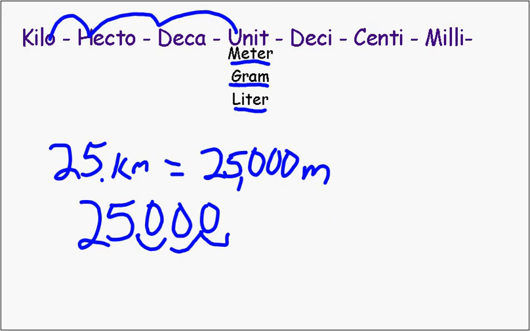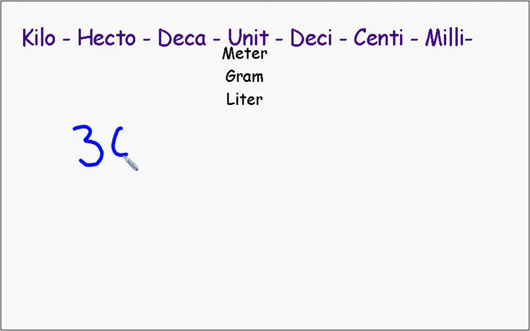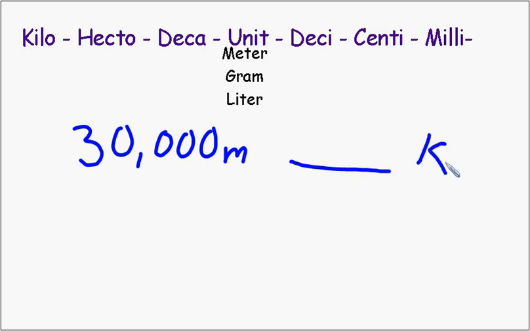Now I can go the other way. So for example, if I were converting from meters to kilometers, let's say I had 30,000 meters, and I want to know how many kilometers that was.